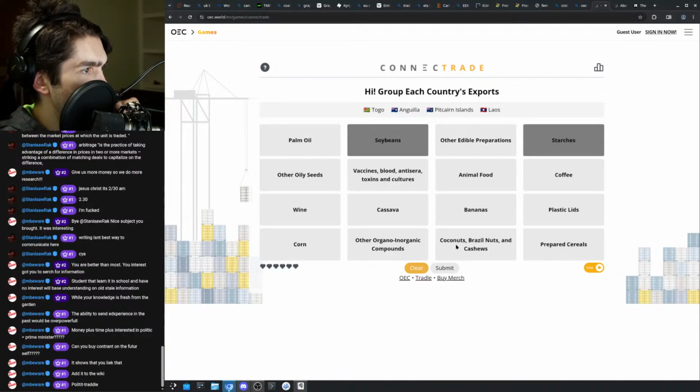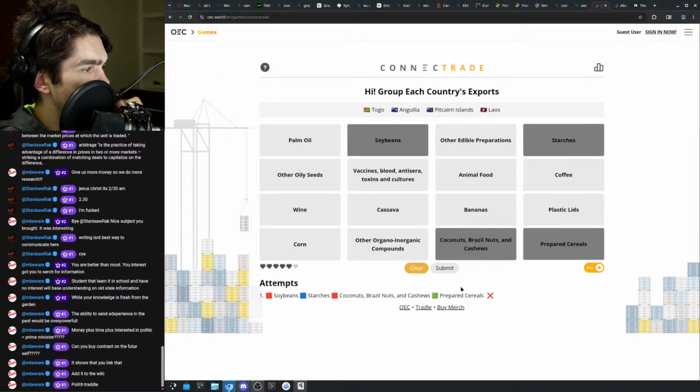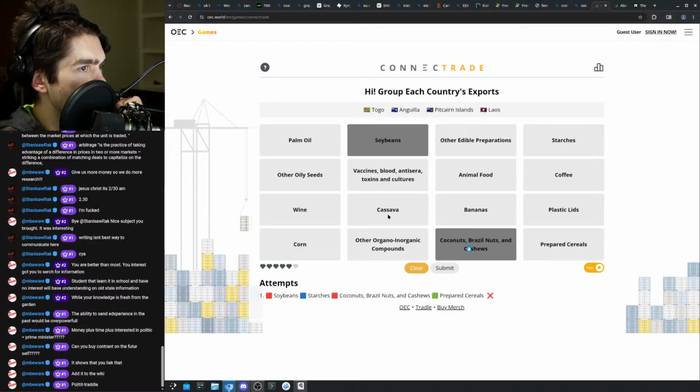Oh, who would do plastic in those? That feels like a thing that will grow on an island. You know what? I'm going for this. Soybean and coconut. Oh man, cassava. I don't even know what this is.